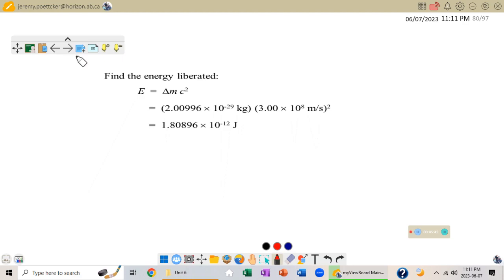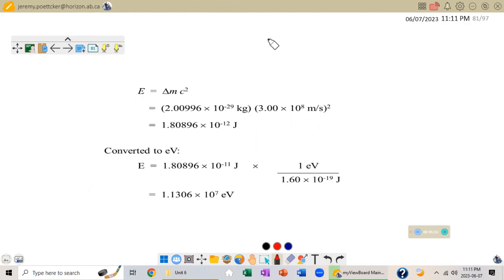So we find the energy liberated. That many joules, right? E equals mc squared, or delta mc squared. Lovely. Convert that into electron volts. Right, so essentially I'm multiplying by 1 over 1.6 times 10 to the negative 19 joules, or dividing by 1.6 times 10 to the negative 19 joules, which then gives me this many electron volts.